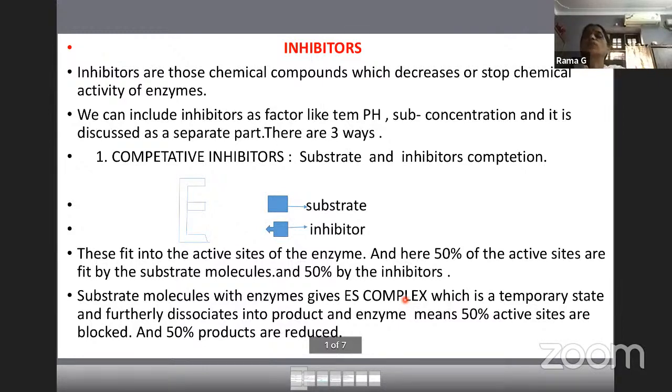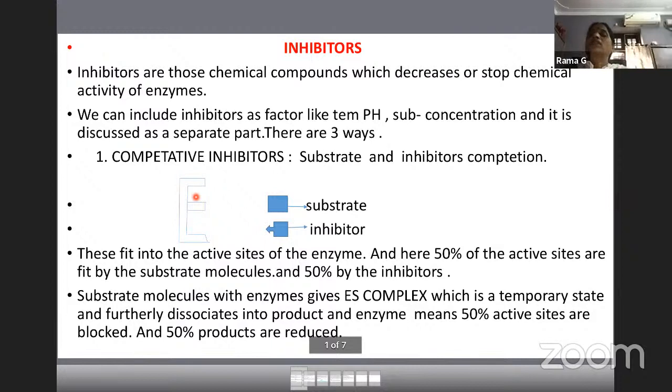Because we have discussed so many times that by adding the substrate molecule to the active site of the enzyme, they temporarily give a complex which is called the enzyme substrate complex. And here also in this competitive inhibition, the inhibitors occupy 50% of the active sites of the enzyme, and substrate molecules too occupy 50% of the active sites of the enzyme. By this, two complexes are formed.